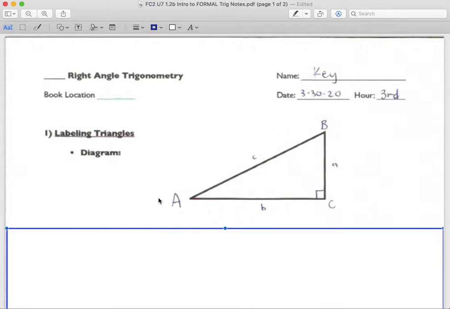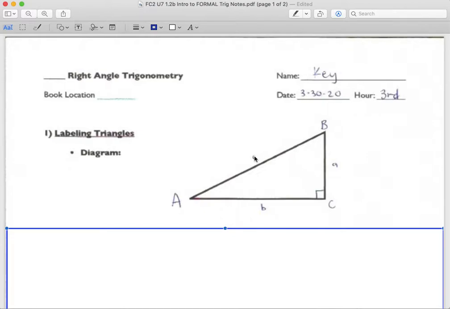Big A and little a match up, and big A refers to this angle right here. The side that corresponds with angle A is the one right across from it. The side that corresponds with angle B is little b, right across from it. The same goes for the right angle C, which corresponds with the little side length c.